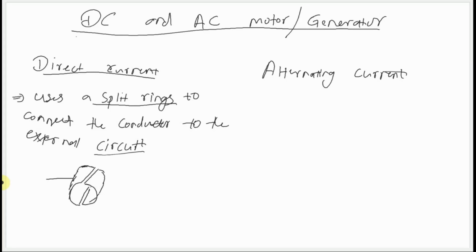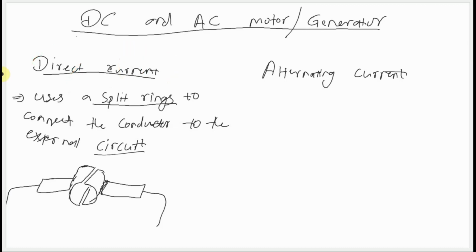Here you will have your carbon brushes attached on either side of these rings, and then there you have an external circuit. So DC directs the current in one direction. The current in the external circuit is just in one direction. It doesn't change.